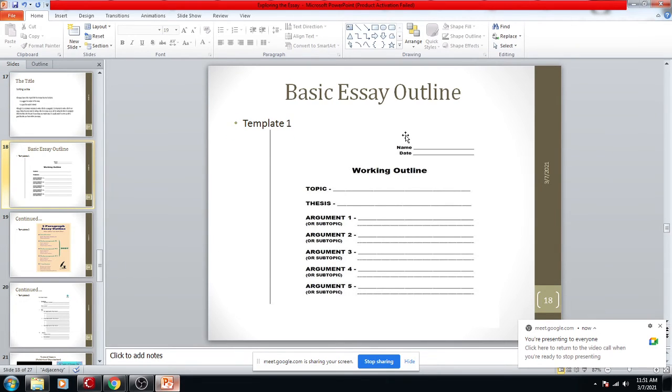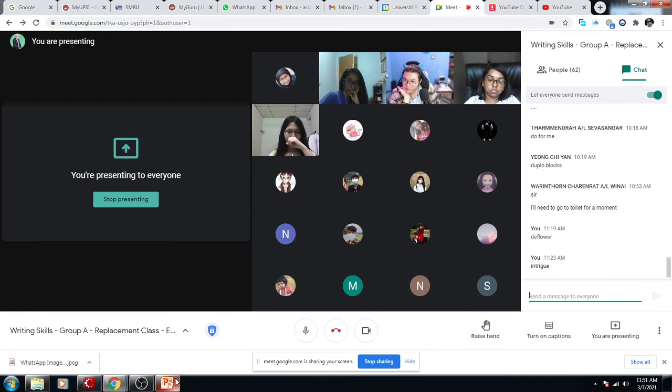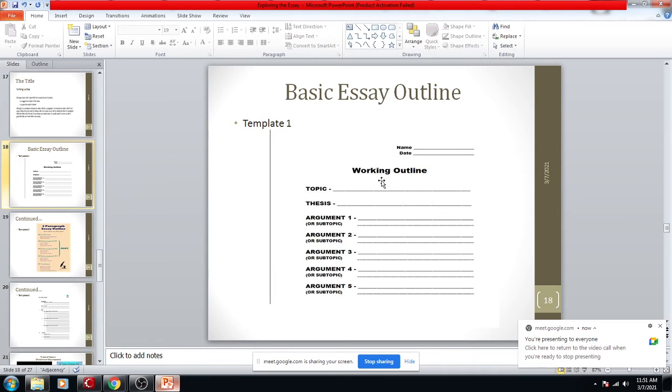These are basic essay outlines. This is in the pre-writing stage. As you think about the ideas and generate ideas, you can use one of these templates to help you with your outline. Name, date, working outline.